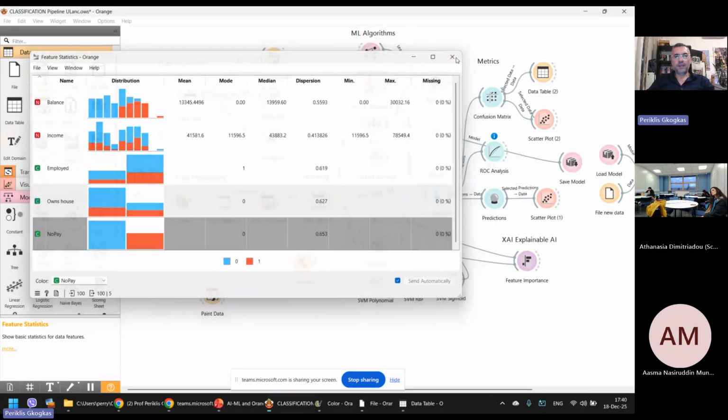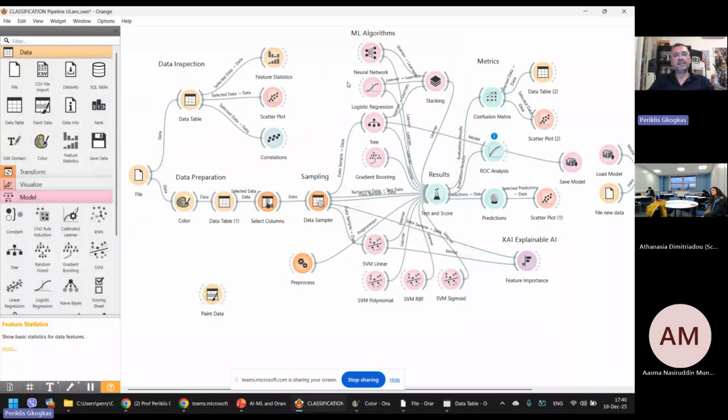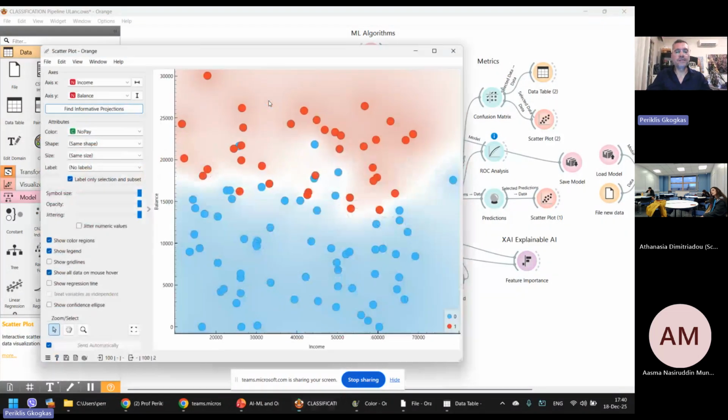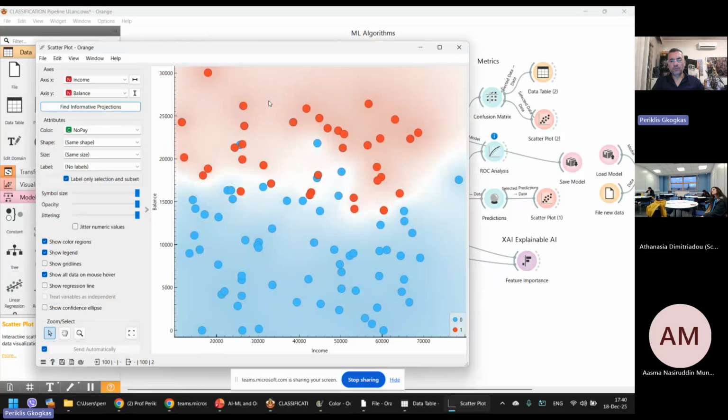So this is for illustration. These are the feature statistics. Next, we have the scatter plot, where we can get a visual illustration of the data. Remember, this is exactly the same data set that I showed you before for the credit cards. You can select which variables to put in the X and Y axis. Of course, it makes sense to use the numerical variables.